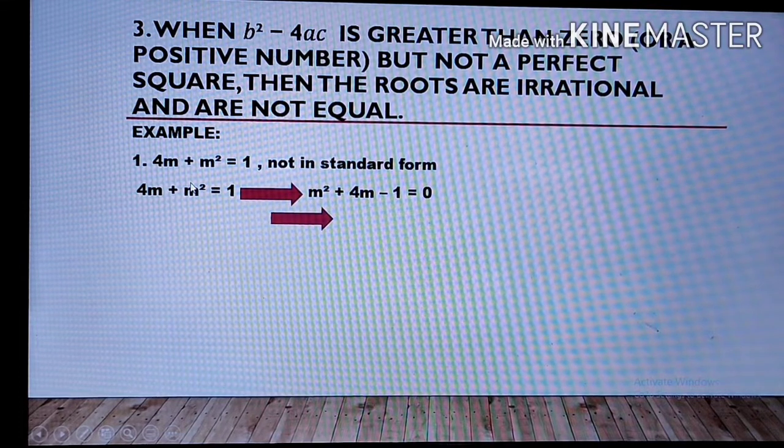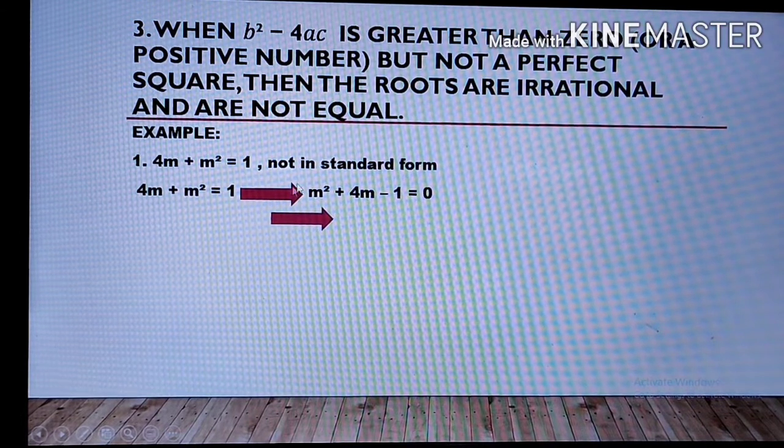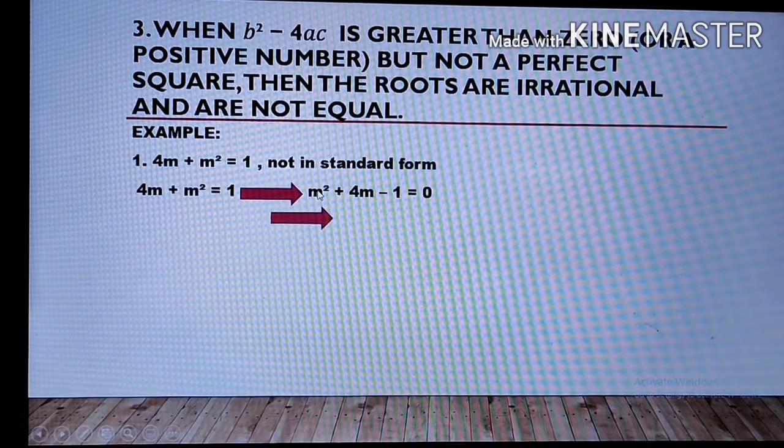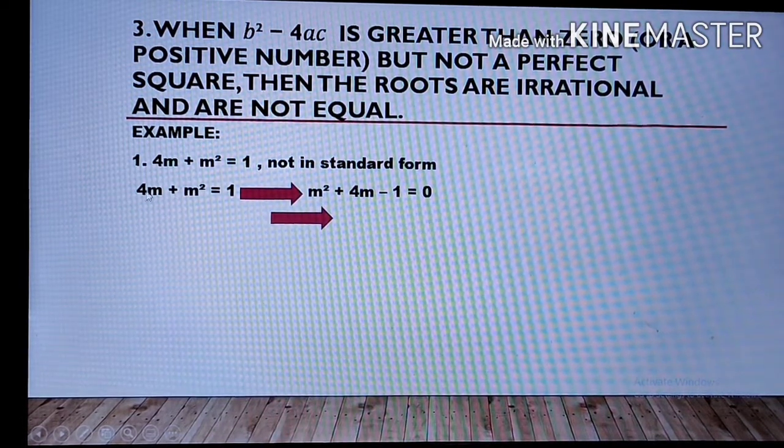I-change lang natin yung position niya kasi dito sa original na equation nasa second term siya. So, ilalagay natin siya sa first term. So, hindi na kailangan i-change pa yung sign niya. So, from positive lang din. M squared, yan.